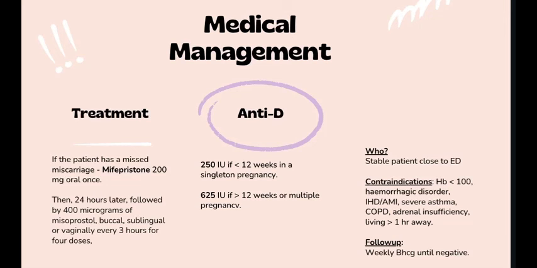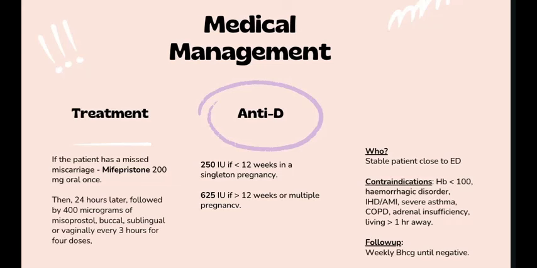So if a patient has a missed miscarriage, they get a pre-treatment of mifepristone 24 hours before, and then, like all the other kinds, they get 4 doses of misoprostol, and that can be delivered via a number of different mechanisms. So I guess the most important part of trying to solve a question like this is trying to understand what kind of miscarriage it is and whether the patient is appropriate for this.